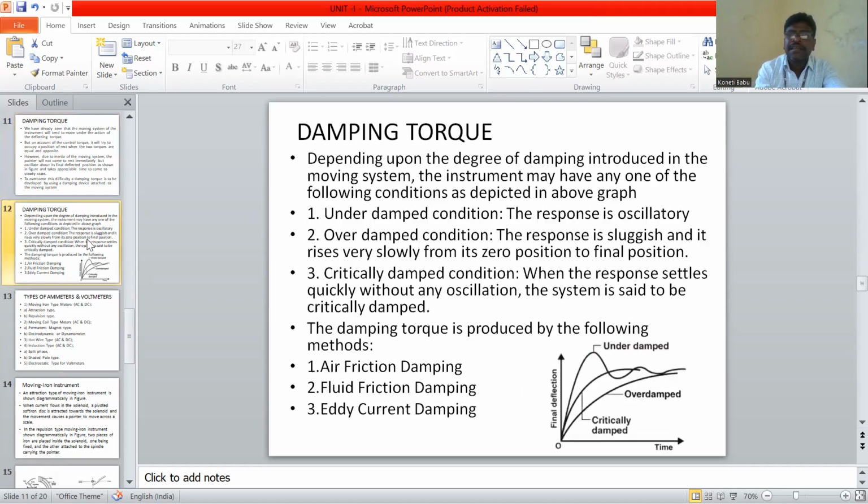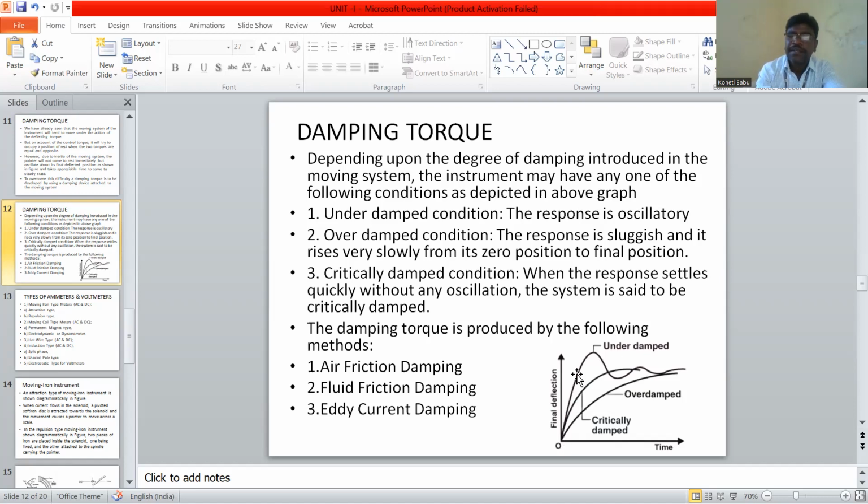You see the diagram of the damping systems. There are three types of damping: under damping, critical damping and over damping. In under damping, the pointer comes to rest after some time, taking more time.